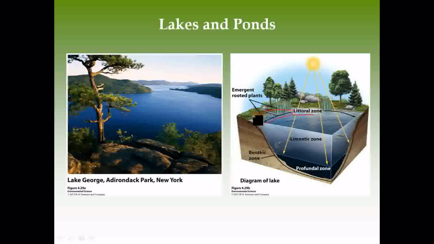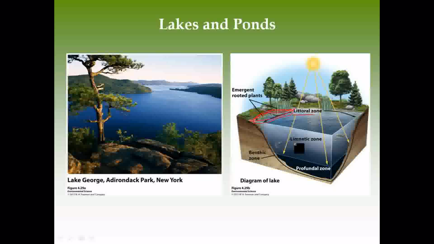So the banks of the lake is the littoral zone, and of course, this is an ecotone, isn't it? So you're going to have organisms that can live in the lake right along the littoral zone. You're also going to have plant life and other animals that live right along the shoreline here, and they also are in the littoral zone.